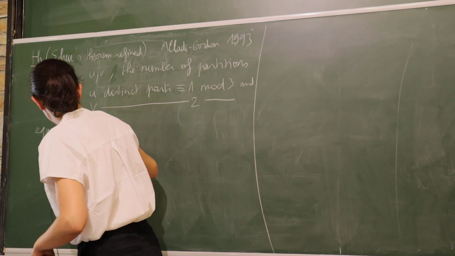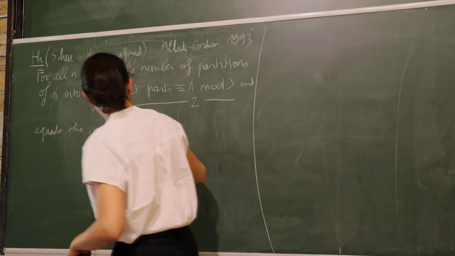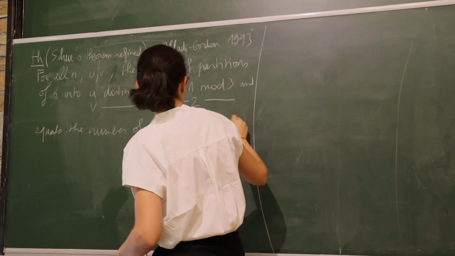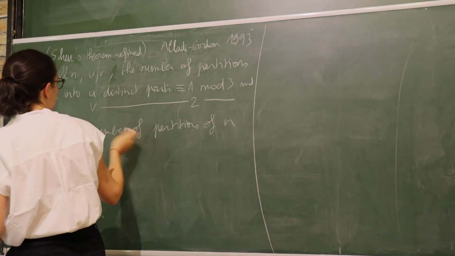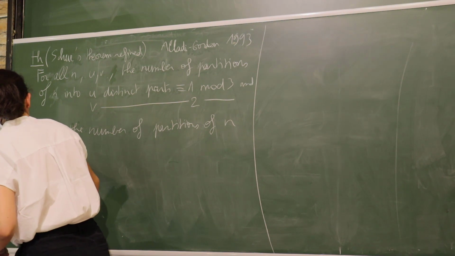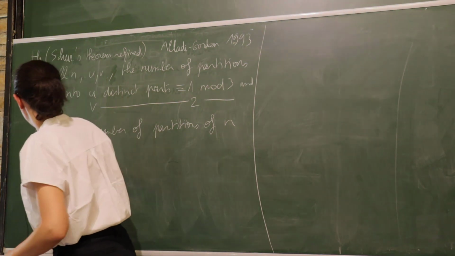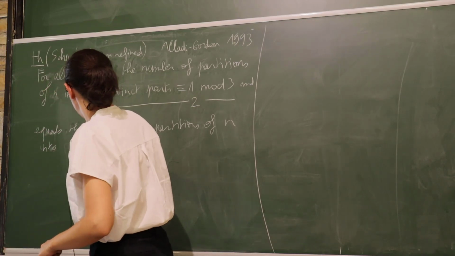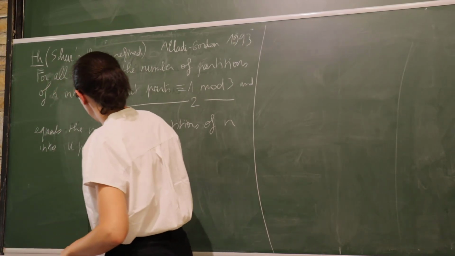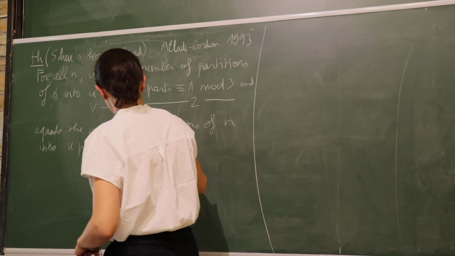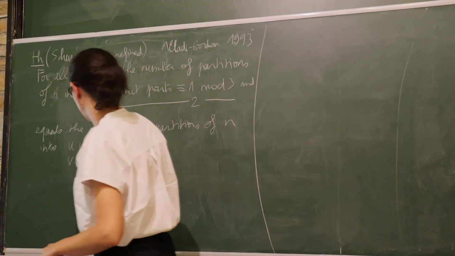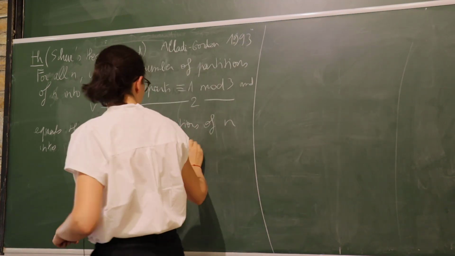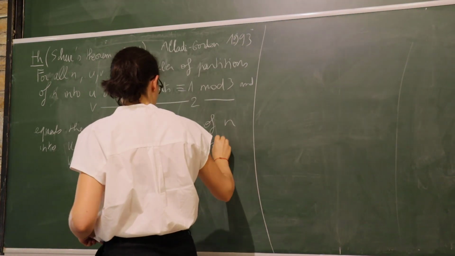the number of partitions of n into u parts congruent to 0 or 1 mod 3 and v parts congruent to 0 or 2 mod 3, satisfying the difference conditions that we saw.